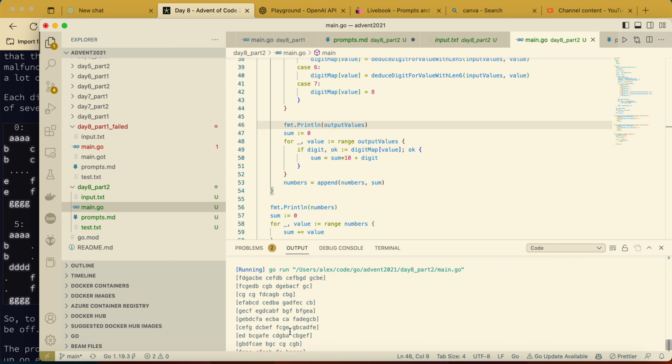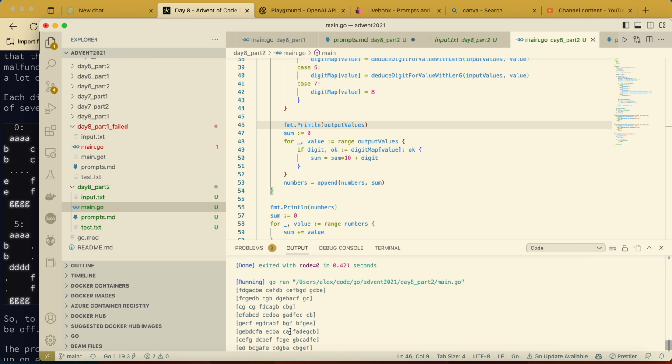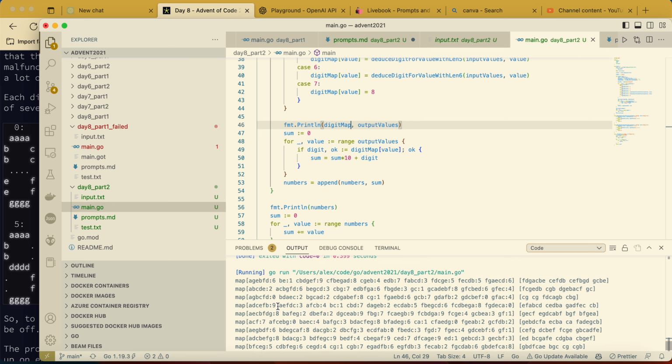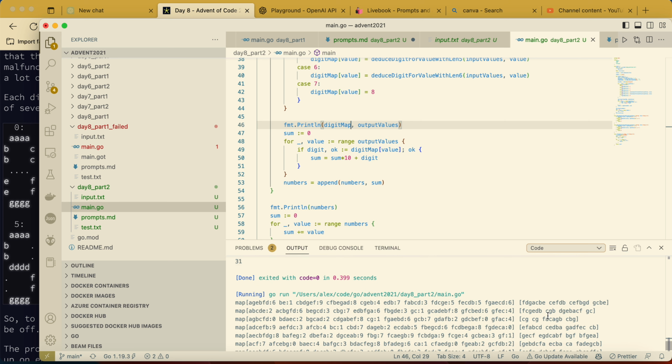And we have our values correctly. Let me add another and look at the first one.